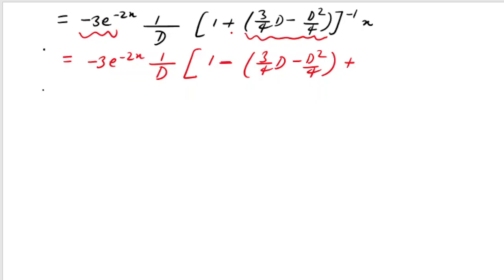When there is a positive sign, the sign changes alternately. I hope you remember the result that I discussed, right? So it's a square here, so I will write 3 by 4D minus D square by 4 square, and so on, right? This I have just written for your understanding.